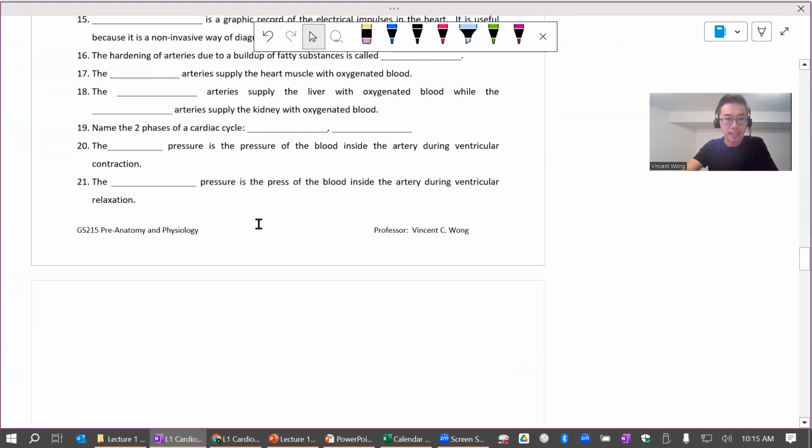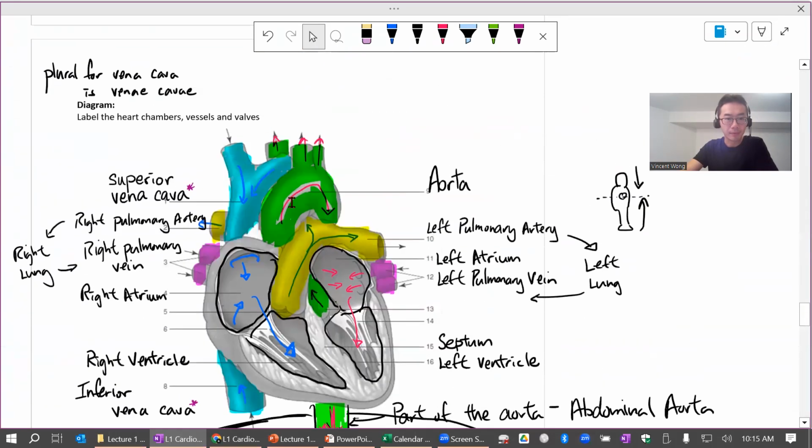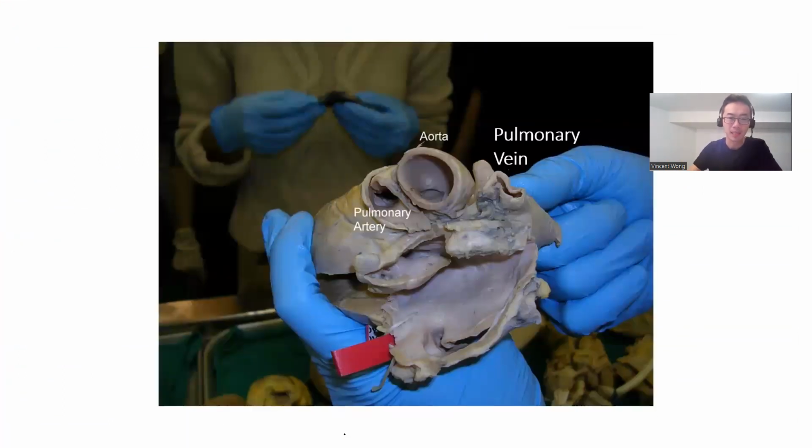The picture I was taking is looking at it from above, as if my eyes are here. You see the aorta right here, and then the pulmonary artery right next to it. I guess you can't really see it in this picture, but anyway, that's what it is.